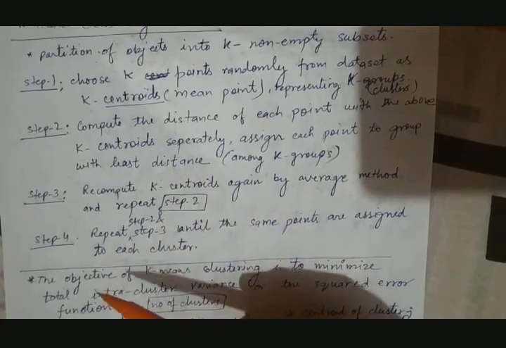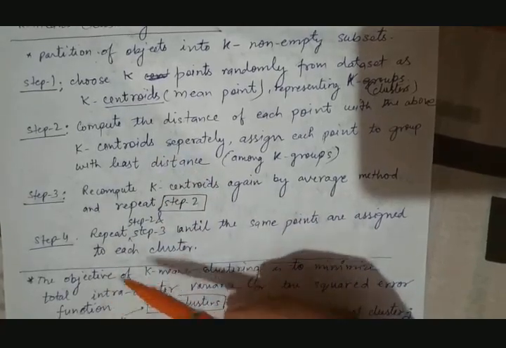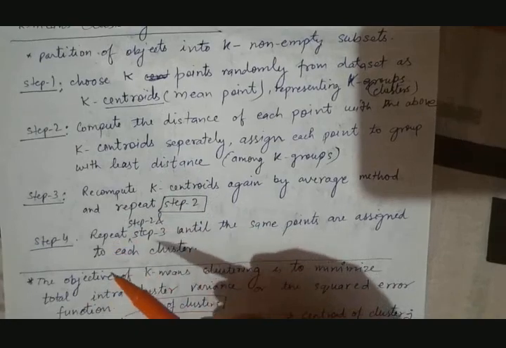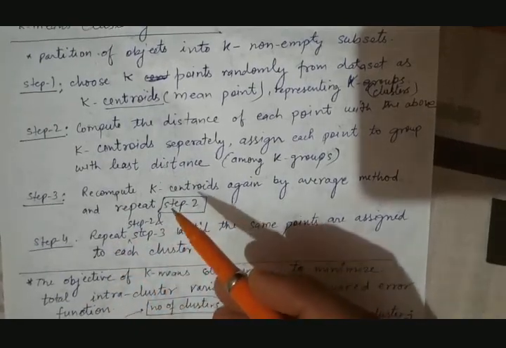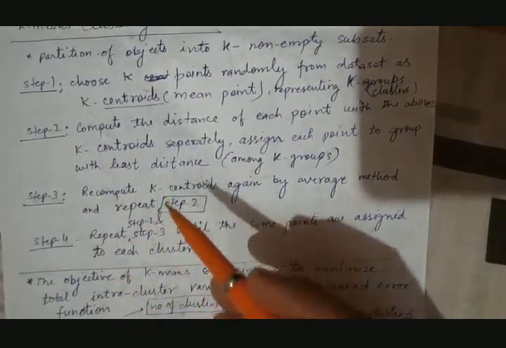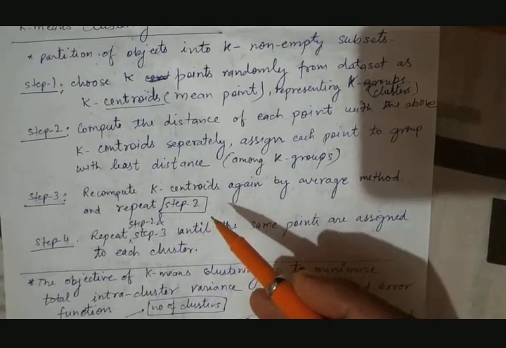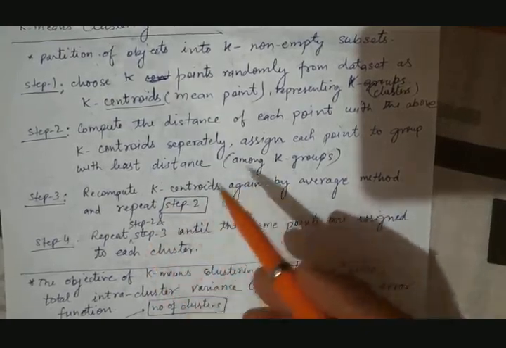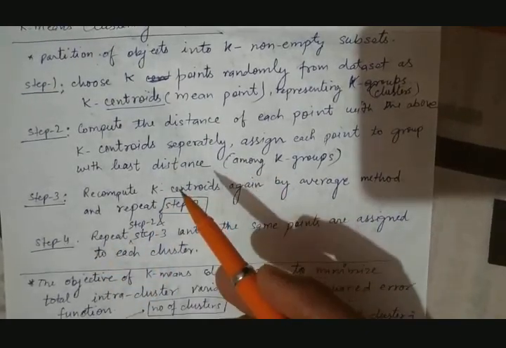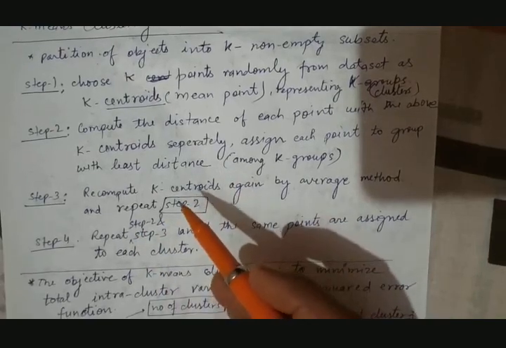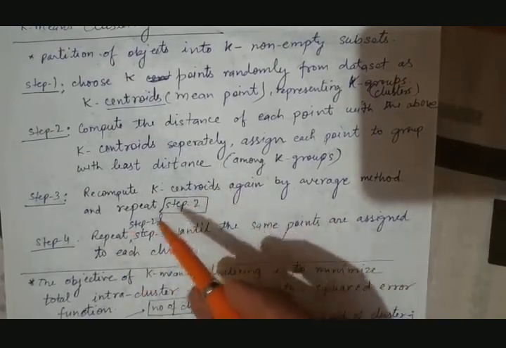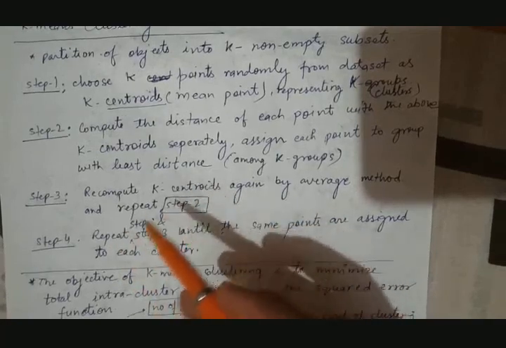Suppose we find the distance of data point 1 with all the K centroids K1, K2, K3, and so on. The centroid with the minimum distance value is treated as the cluster number of that data point.